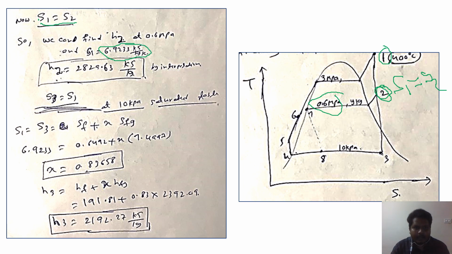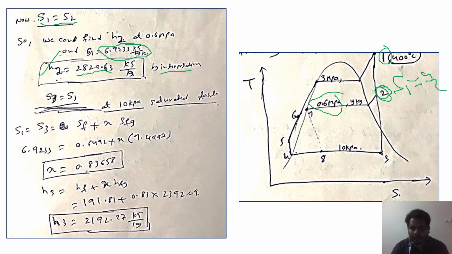So at 0.6 megapascal and entropy of 6.9233 kilojoule, if we refer the steam table, we can get the enthalpy at point 2, that is 2829.63 kilojoule per kg. Here we have to do interpolation. By doing interpolation we can get the enthalpy at point 2.